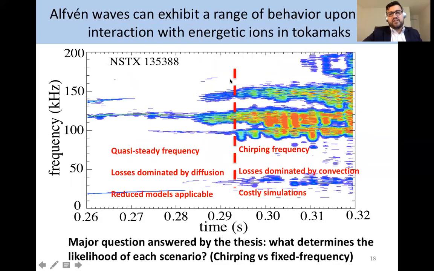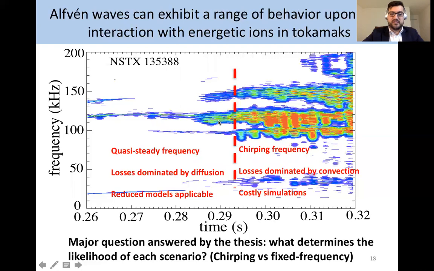When we look at Alfvén waves in an experiment, usually they appear in two ways. They could either appear with a constant frequency, which I'm calling a quasi-steady frequency, which is this case here, but eventually they might bifurcate to a highly nonlinear scenario called chirping. That's when the wave exhibits very rapid frequency variations, as you can see by those bursts here.